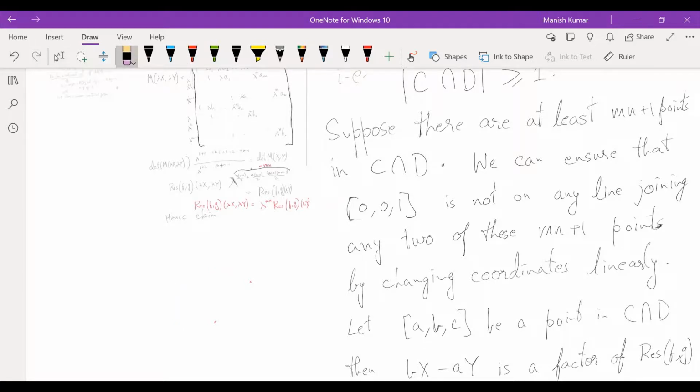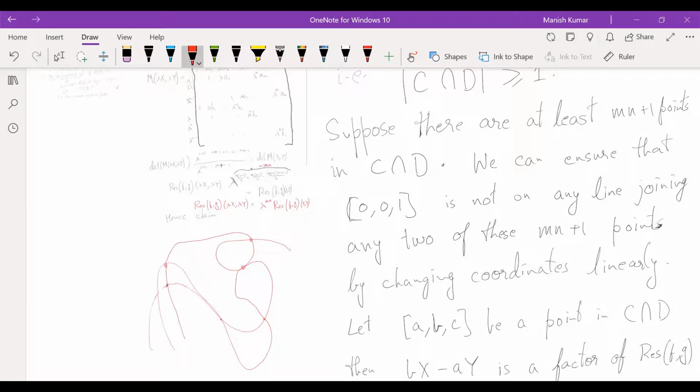Let me draw C and D as well, so say C is something like this, and D is a curve something like this. So there are so many intersection points, and suppose there are mn plus 1 of them.